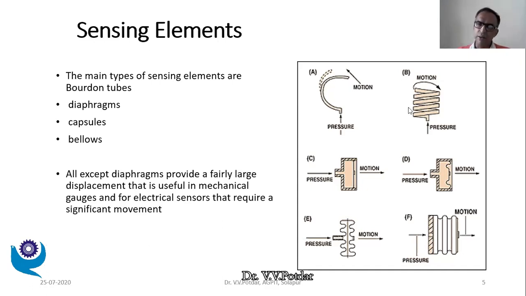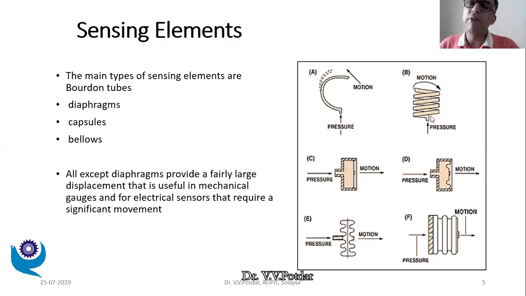There is another variety of Bourdon tube. So this is also a hollow tube, but see, it is arranged in a helical spring manner. Right? It is arranged in a helical spring manner. Now this is a helical spring, and it also has the pressure end wherein the fluid enters. And what happens is this entire helical coil expands once the pressure is applied.